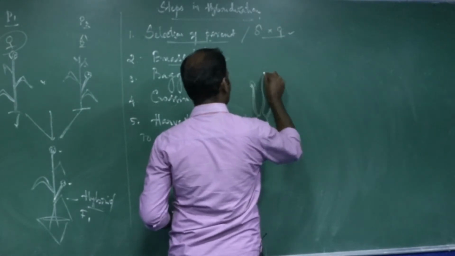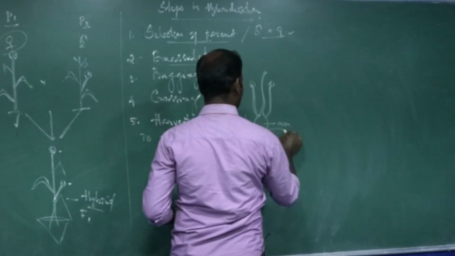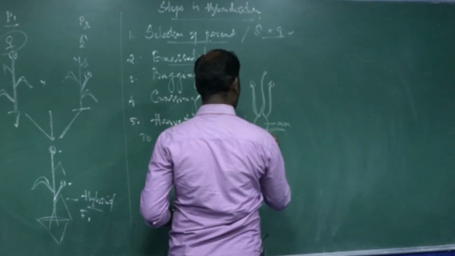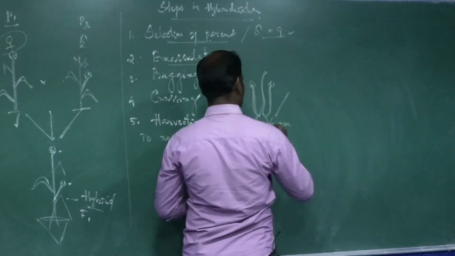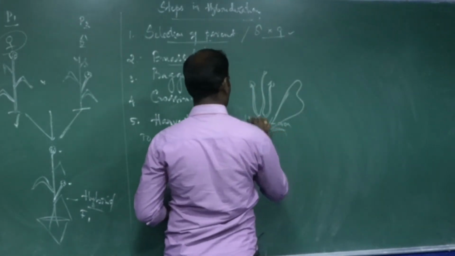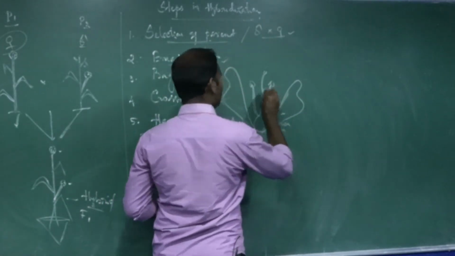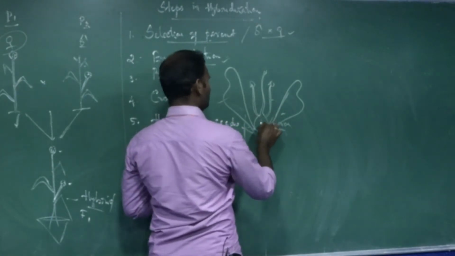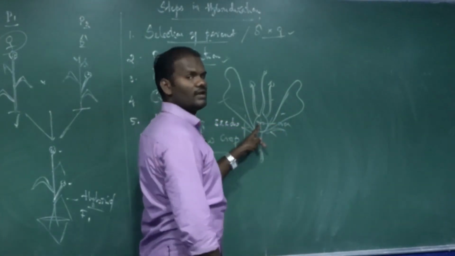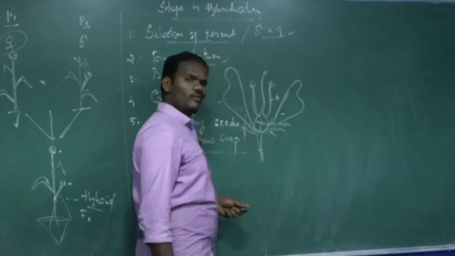Anther is the male sex organ, then stigma, ovary, calyx, corolla, androecium, gynoecium. The stigma and the center part of the ovary are called the female reproductive part of the plant. The androecium is the male reproductive part of the flower.